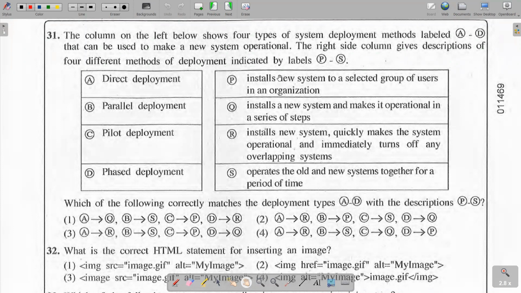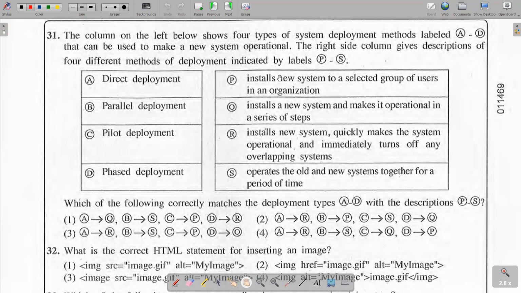P says installs a new system to select groups of users in an organization. Q says install a new system and makes it operational in a series of steps. R says install new system quickly, makes the system operational and immediately turns off any overlapping systems. S says operates the old and new system together for a period of time.